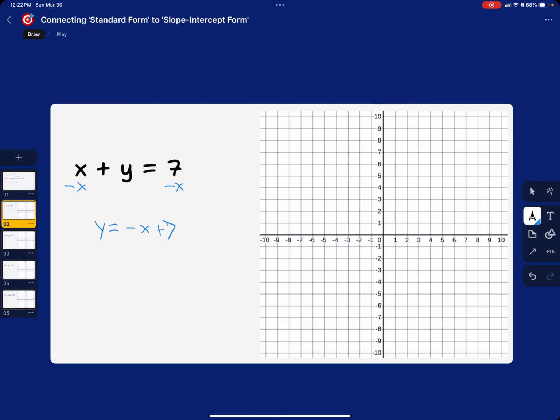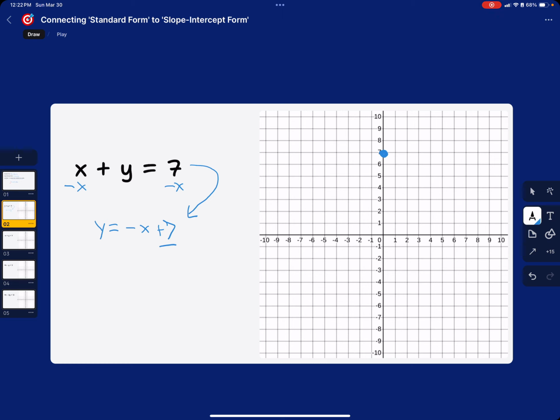The reason why we want to take these equations in standard form and write them into an equivalent equation, but written in slope-intercept form, is that it's a lot easier to graph an equation in slope-intercept form. We're given a y-intercept, which in this case is positive 7, and we can put a point on positive 7.